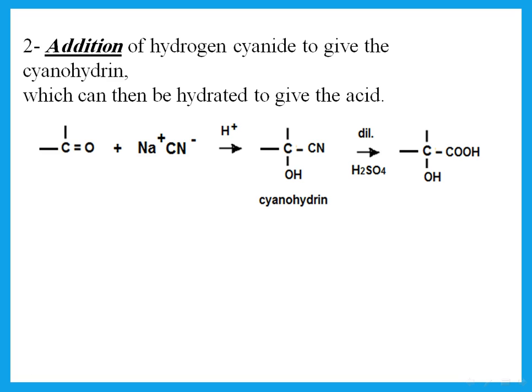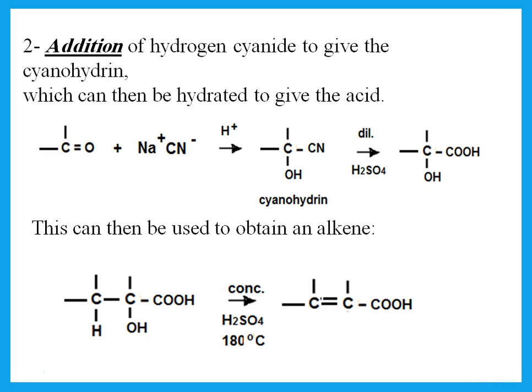Hydrogen cyanide is obtained from sodium cyanide in the presence of an acid. So this will give a CN and an OH on that carbon. So it's called a cyanohydrin. I can go on to hydrolyze this cyanohydrin, and it will continue to give an acid. So this is actually a method of doing what? This is a method of adding a new carbon on the chain. So this added an extra carbon on the chain.